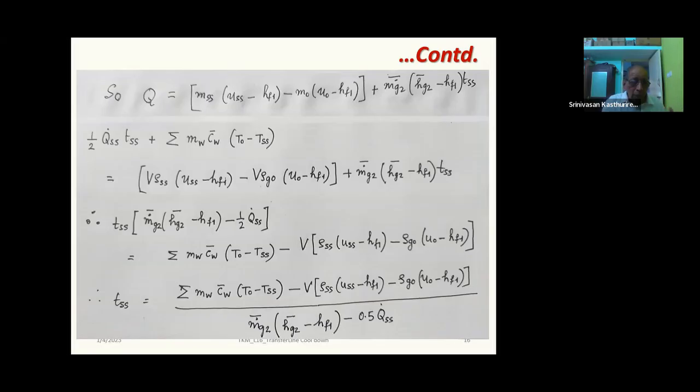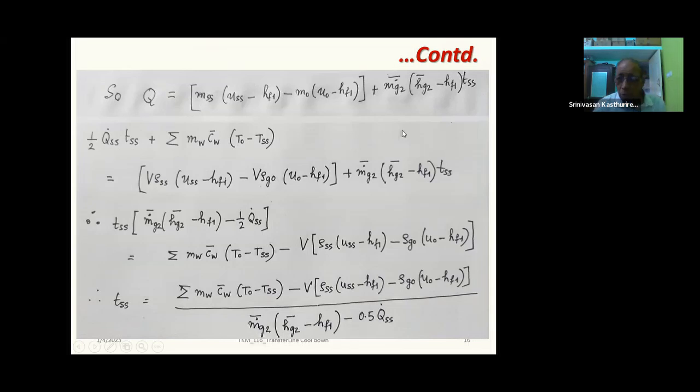Therefore, you are going to equate this to this part. So we can write half Q dot SS into t_SS plus summation of m_W c_W average (T_0 minus T_SS). If you do this, then this is equal to the right hand side, whatever is written here.